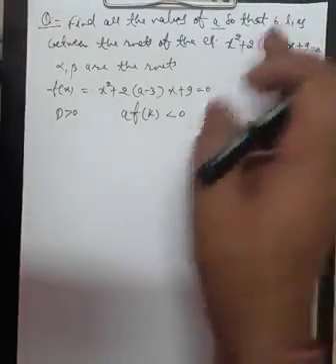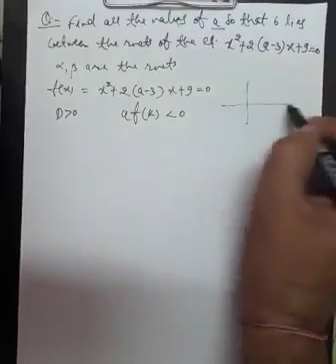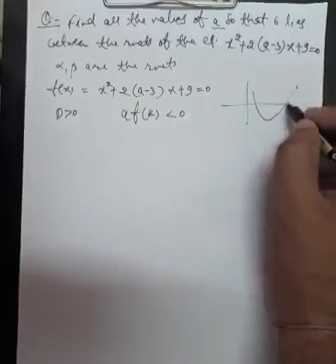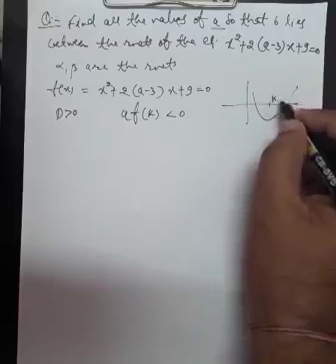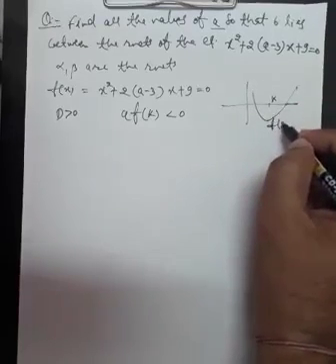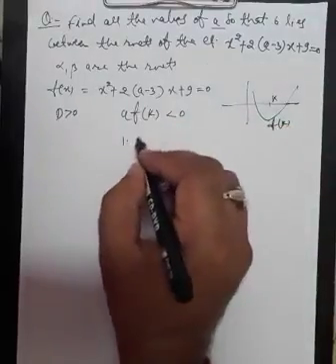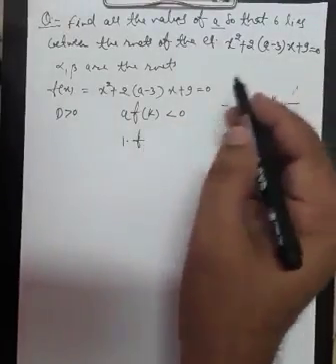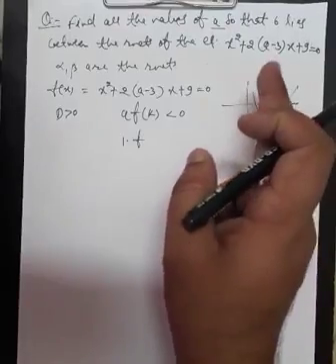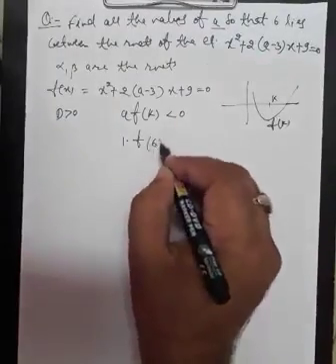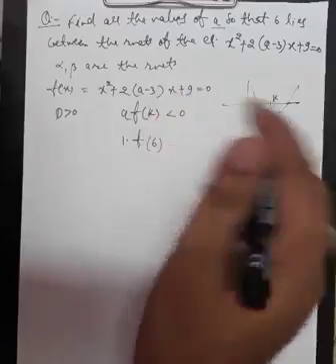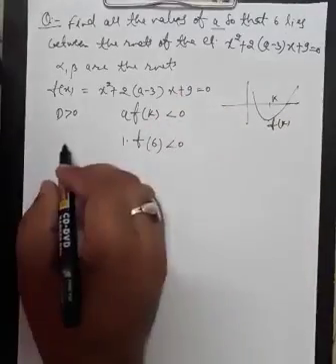Here k is 6. Compare with this graph, k lies somewhere here and fk is here, a is positive, so 1 times f at the value 6 should be less than 0.